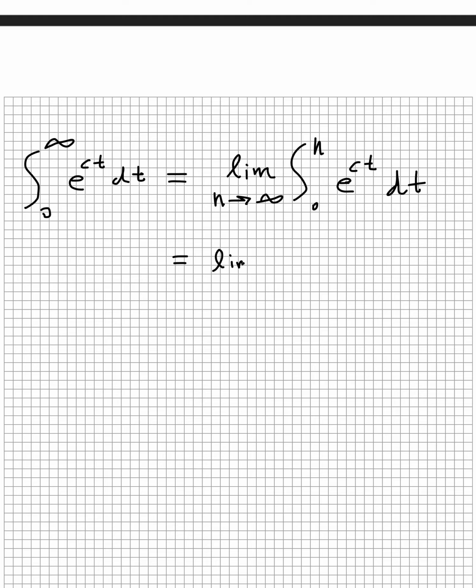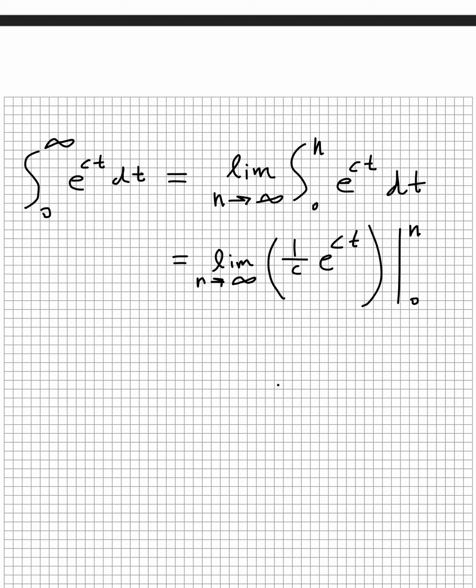With this in mind, the right-hand side looks like the following. It will be the limit as n goes to infinity, and the integral of e to the ct is 1 over c, using the chain rule, times e to the ct, evaluated from 0 to n.